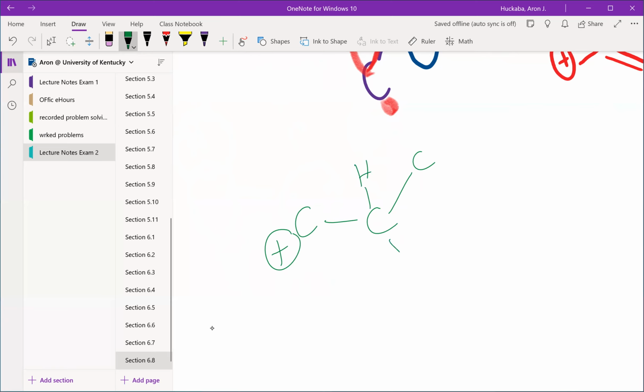That way you can see all the details and don't have to worry about where hydrogens are or positive charges are. There we are. Let's say you have this molecule. This primary carbocation is so unstable, the molecule has a rearrangement of where the carbocation is in order to increase the stability of this molecule.